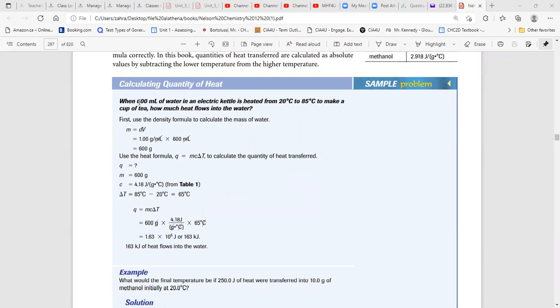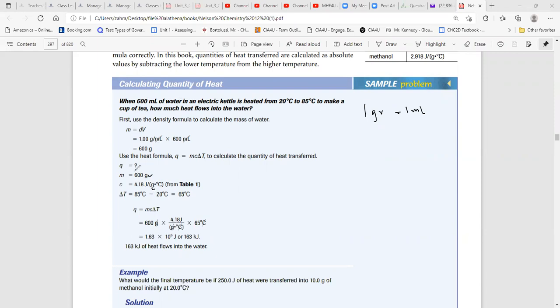Knowing that it's 600 milliliters means 600 grams, just always remember 1 gram is 1 milliliter of water. So I have 600 grams of water. The heat capacity of water is 4.18 joules per gram per degree Celsius. Just keep this in grams because here we have grams, right?